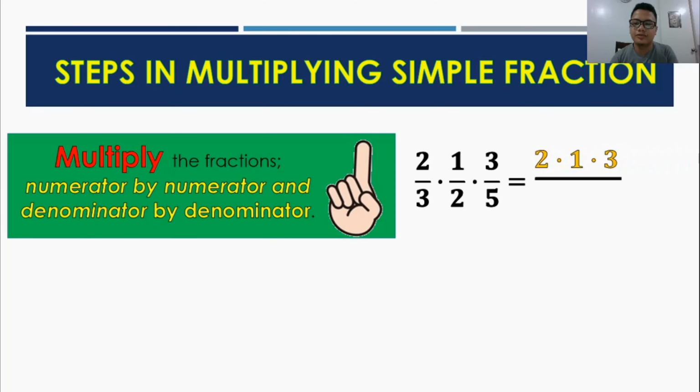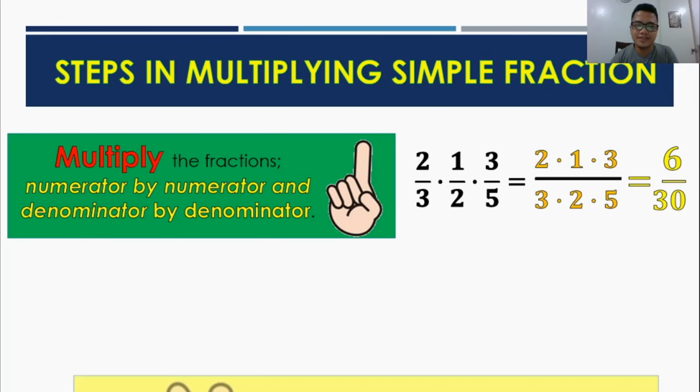So we have 2 times 1 times 3, and also on the denominator 3 times 2 times 5. So now let's multiply: 2 times 1 times 3 is 6, and the denominator 3 times 2 times 5 will give us 30.